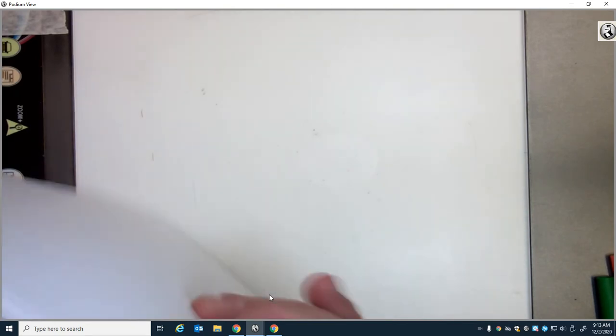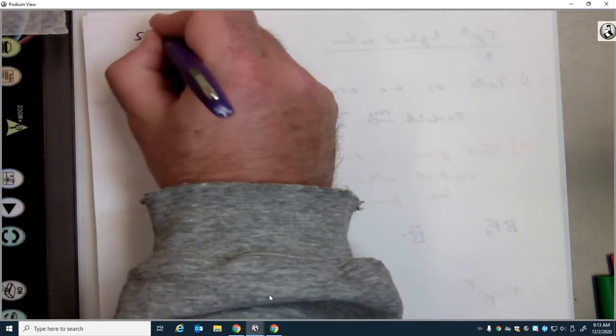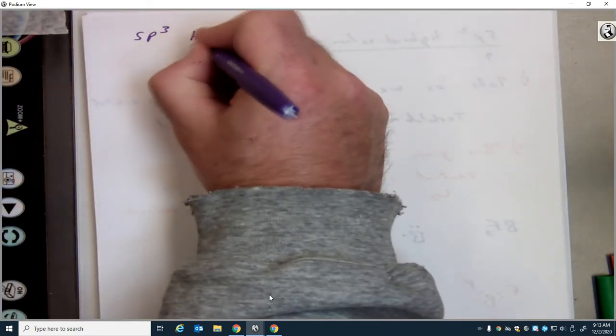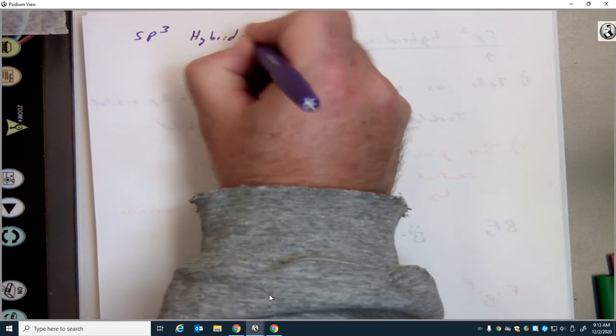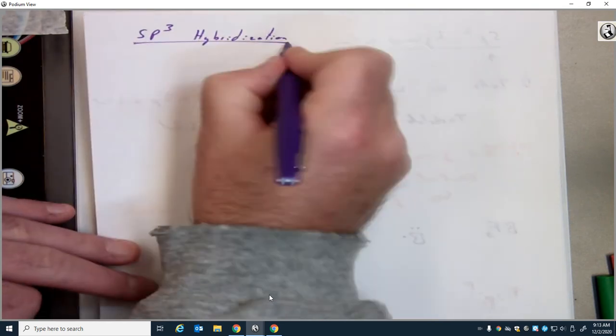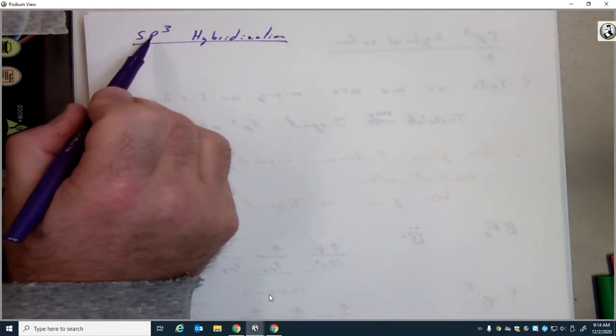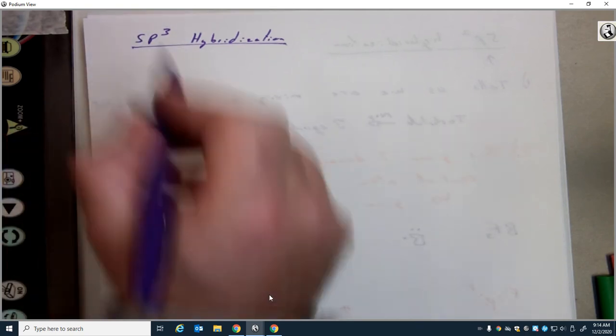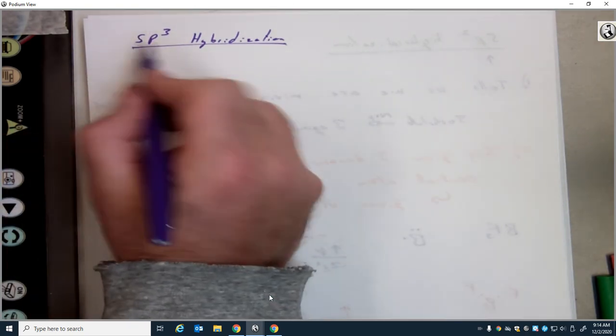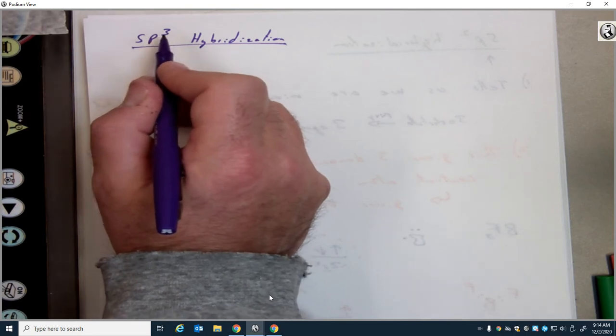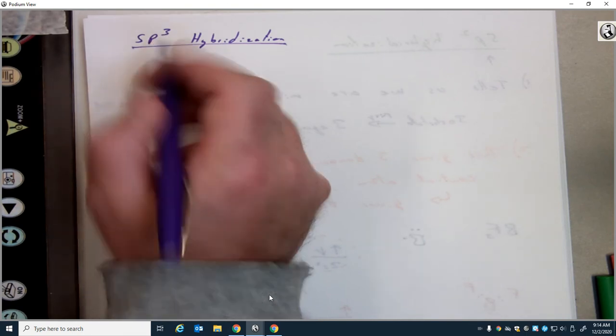Let's look at sp3 hybridization, which we actually already just did. We did this to start with, because this is what carbon does. So just by looking at the name, we're going to take an S and 3 p orbitals and mix them all together. So we're taking 4 orbitals, so we're going to produce 4 degenerate or hybrid orbitals.